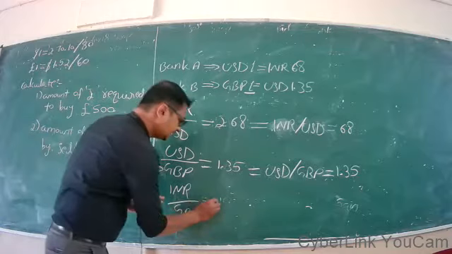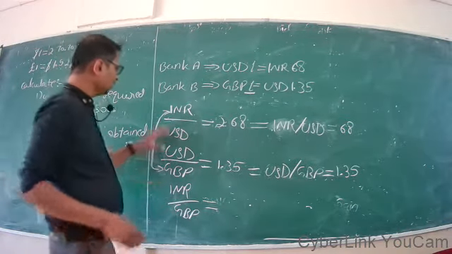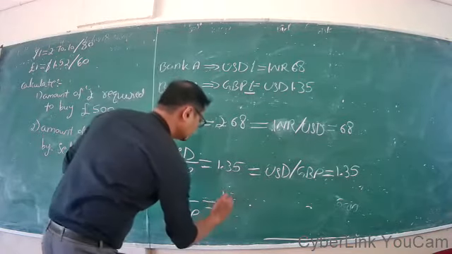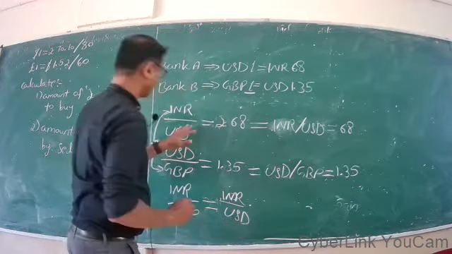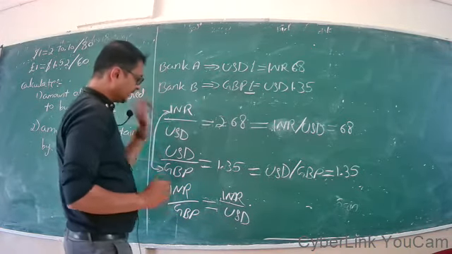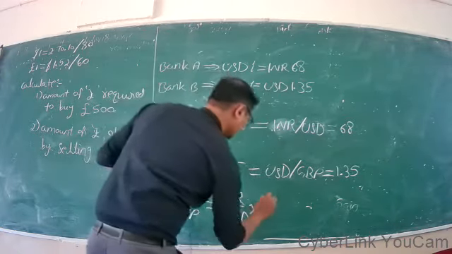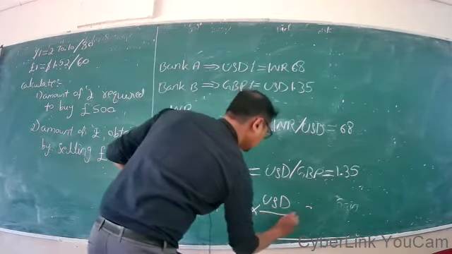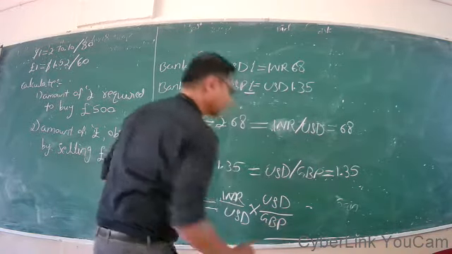So the quotation will be, and the simplification will be, we have INR per US dollar. It is given by bank A, and we have another quotation called US dollar per GBP, right?